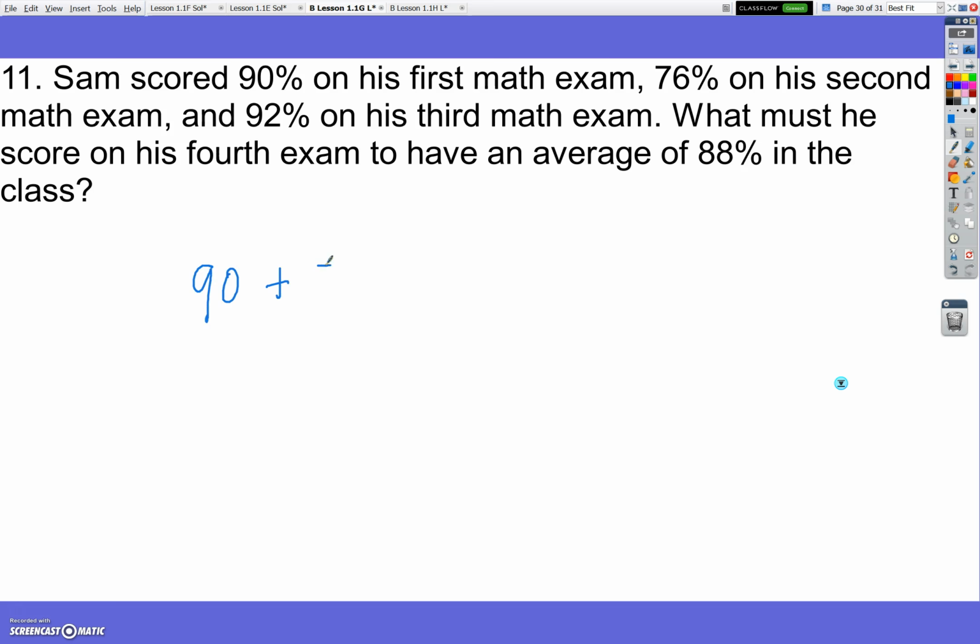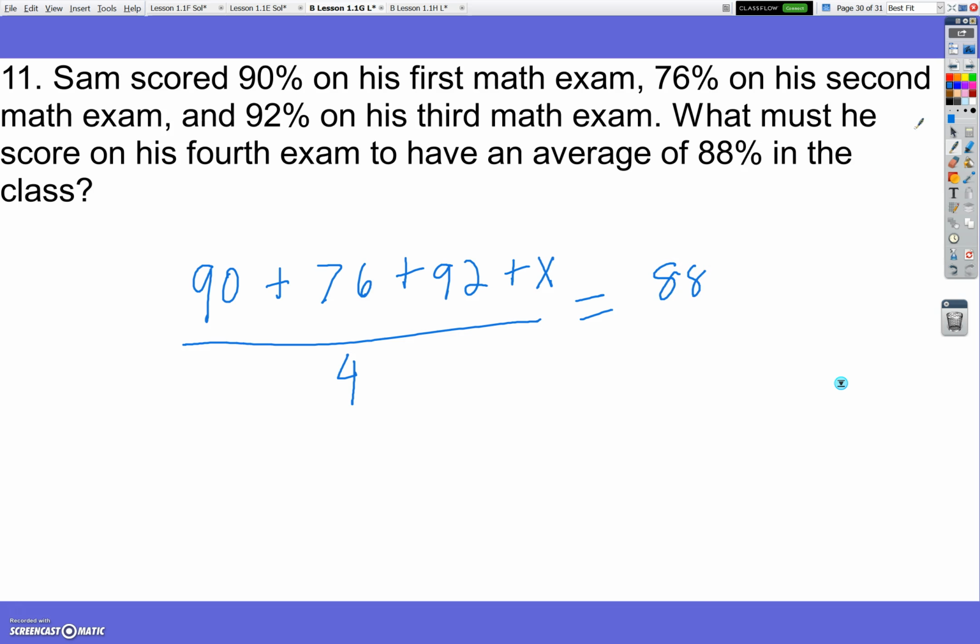His second one, he's going to get 76. His third, he already got a 92. And his last test, he doesn't know what he needs to get, but he knows he wants to get an average of 88. So remember, what you do is you add up all your scores, you divide by the total amount of tests, and we want to know what he needs to get an 88.